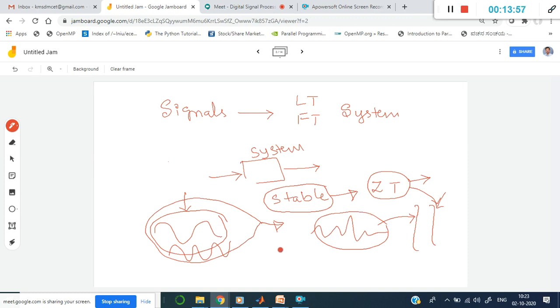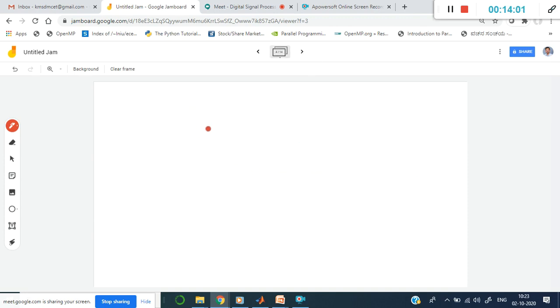Okay, now the question arises, why frequency domain? Why do we always go for it? See, I always say, when I talk about properties, that if x of n is a time domain signal, its frequency domain is x of k.